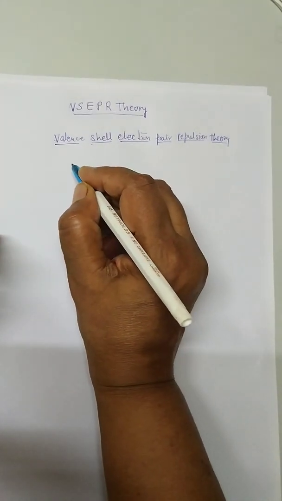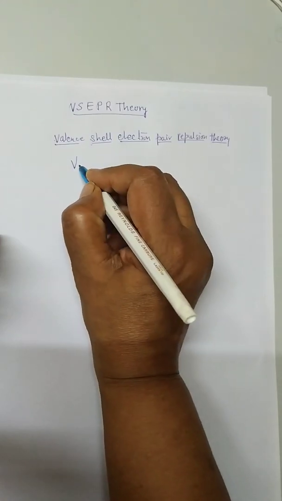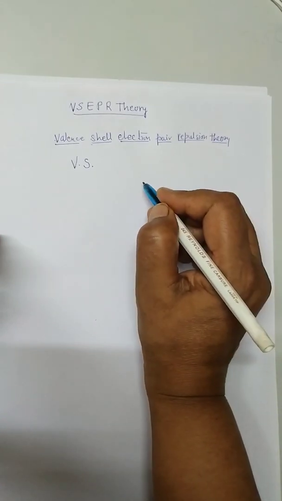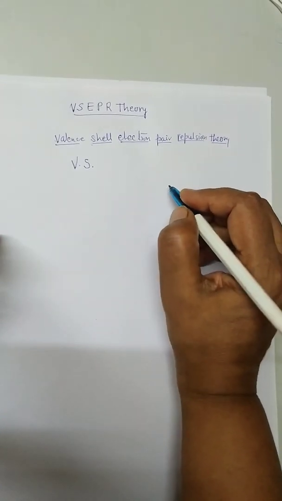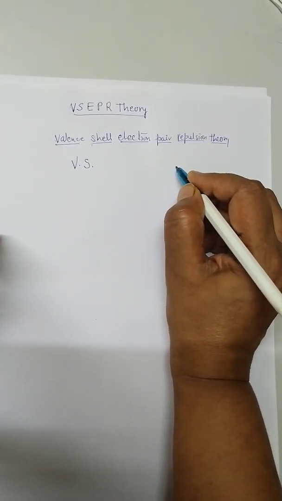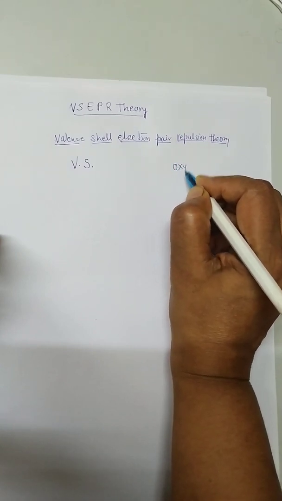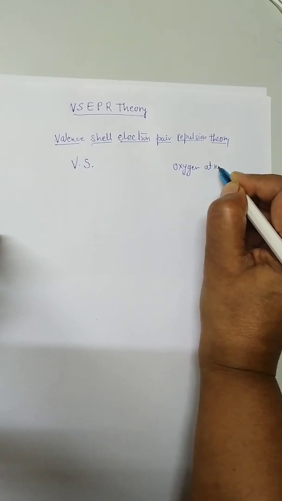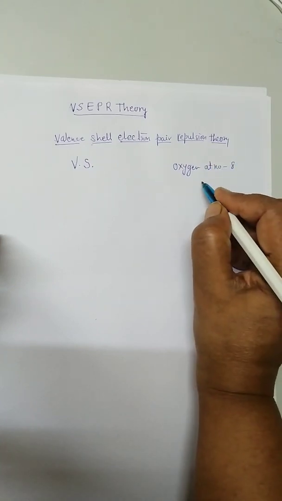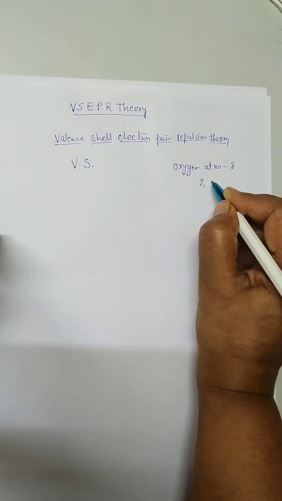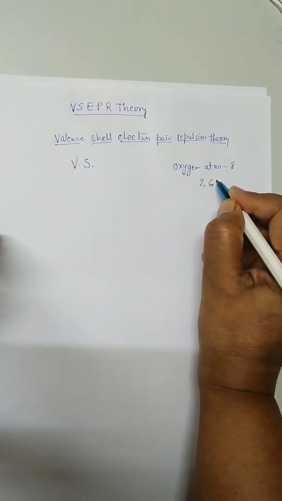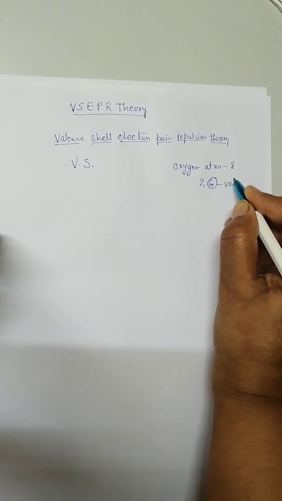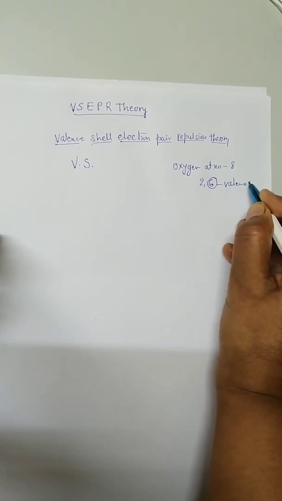First, I will take these two letters here, V and S. We know very well, if I take oxygen, it has atomic number 8, meaning first shell 2 electrons and 6 electrons in the outermost shell, which is known as the valence shell.